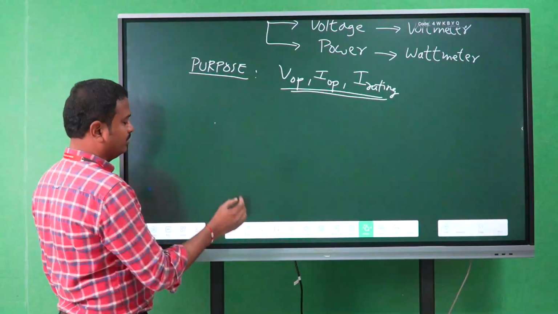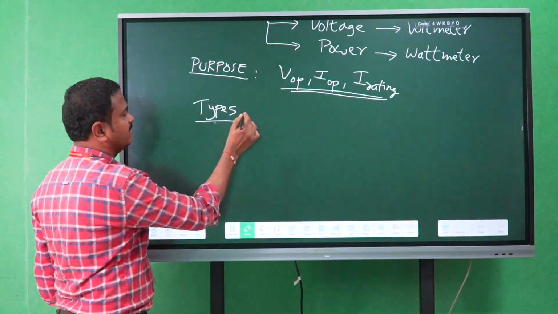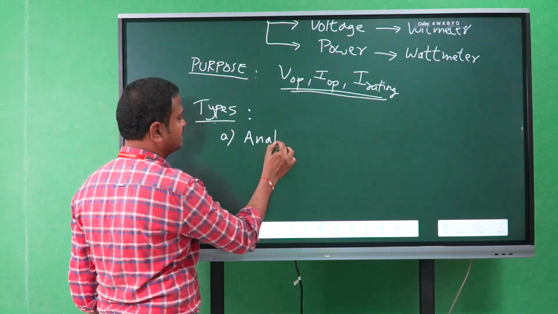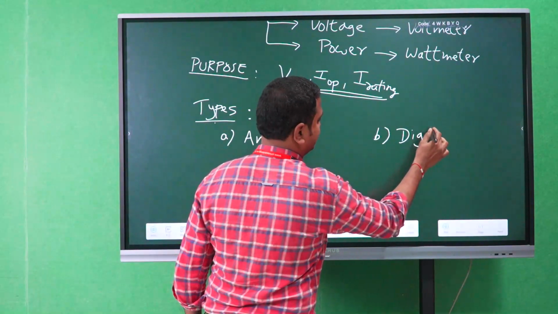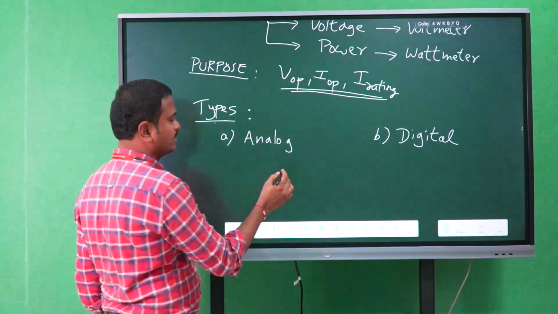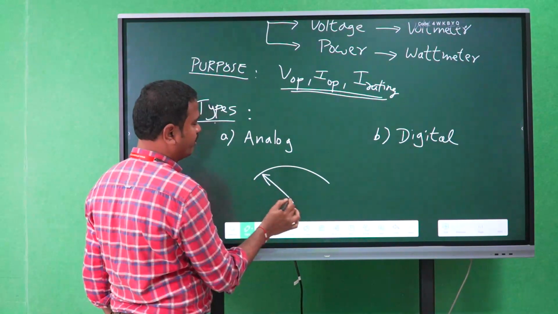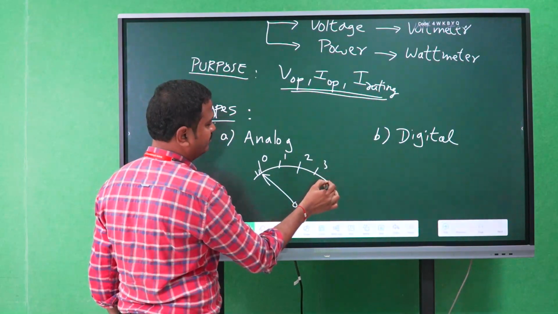Now coming to types of measuring instruments. Basically there are two types: analog instruments and digital instruments. Analog instruments use a calibrated scale and a pointer which measures the readings 0, 1, 2, 3, 4 like this.